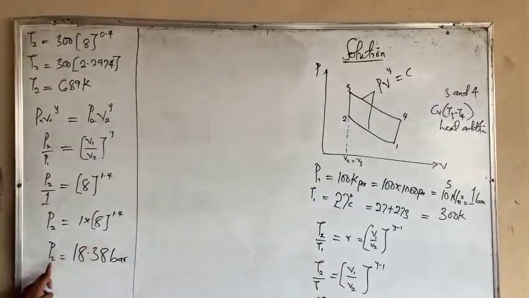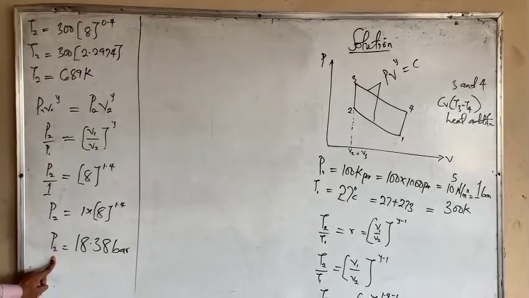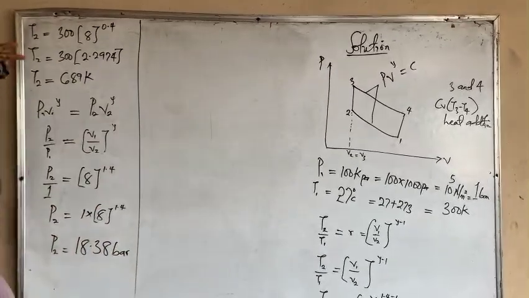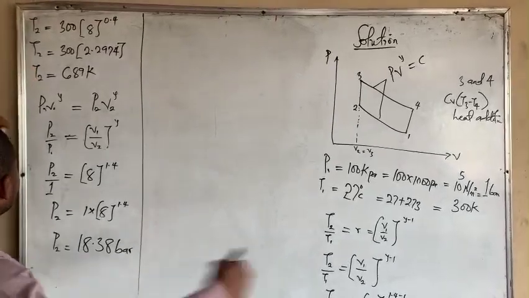Now we've gotten P2, that is the second pressure. We're now going to look for our T3. We've gotten T1, we've gotten T2.